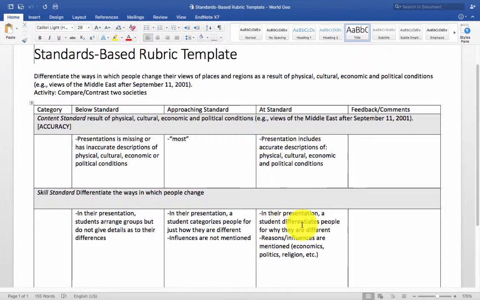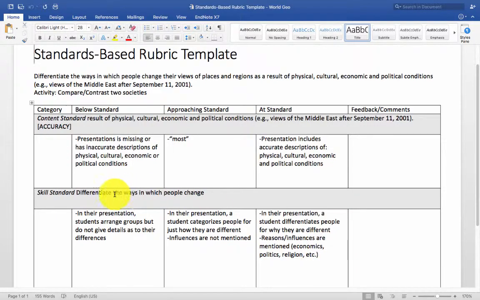So differentiating people for why they are different, that why is a big component of differentiating two groups of people. And one of the subcomponents of differentiating is that reasons or influences are mentioned for why groups of people are different. So those things such as economics, politics, religion, we included those in here in differentiating the ways in which people change or are different in different regions.